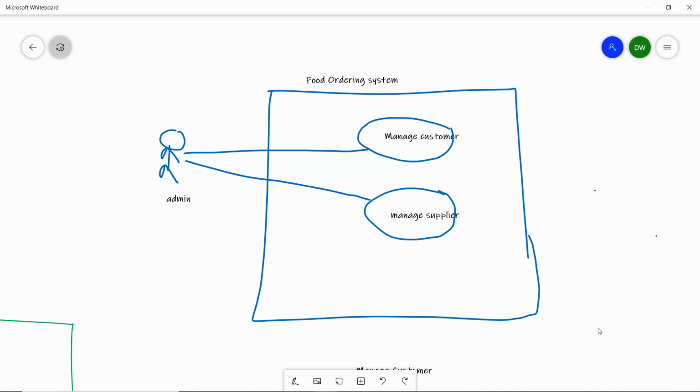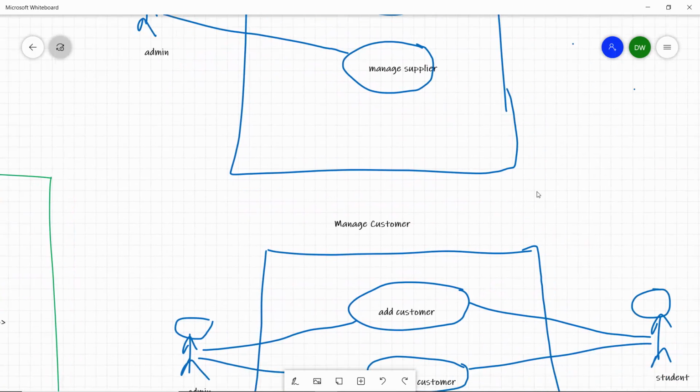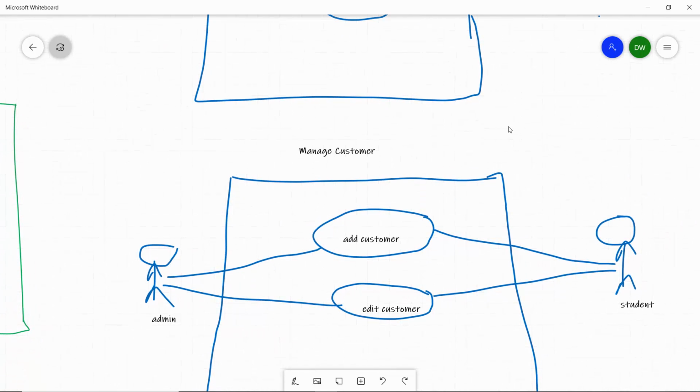And after drawing this main use case diagram, we can draw other use case diagrams for whatever modules we have taken here. For example, here we have taken two modules. Therefore, we can draw two more use case diagrams for these use cases. That means one use case diagram for manage customer and another use case diagram for manage supplier, right? And here I have taken only one.